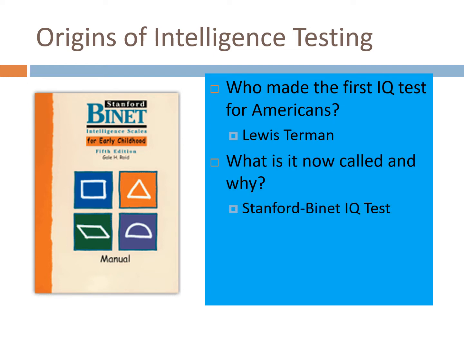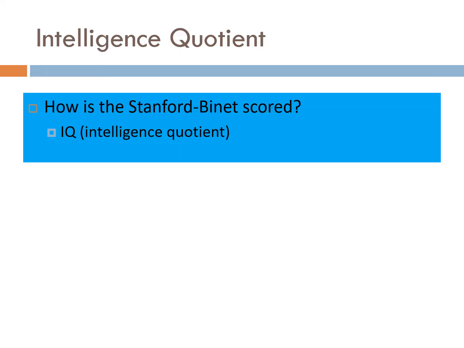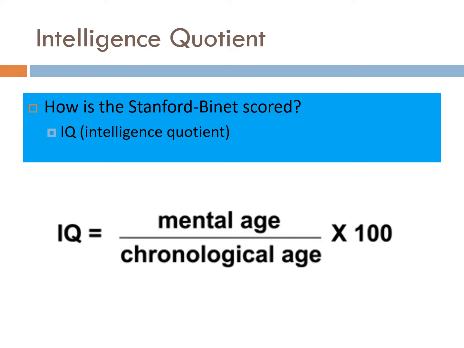So we now call it the Stanford-Binet IQ test because Louis Terman was working at Stanford at the time, and they revised Binet's whole scale. So they really cemented this idea of an intelligence quotient, right? This whole notion of mental age divided by chronological age times 100, right? Which gives you your, quote, IQ, right? Which is supposedly your quantifiable, measurable way to determine somebody's intelligence.